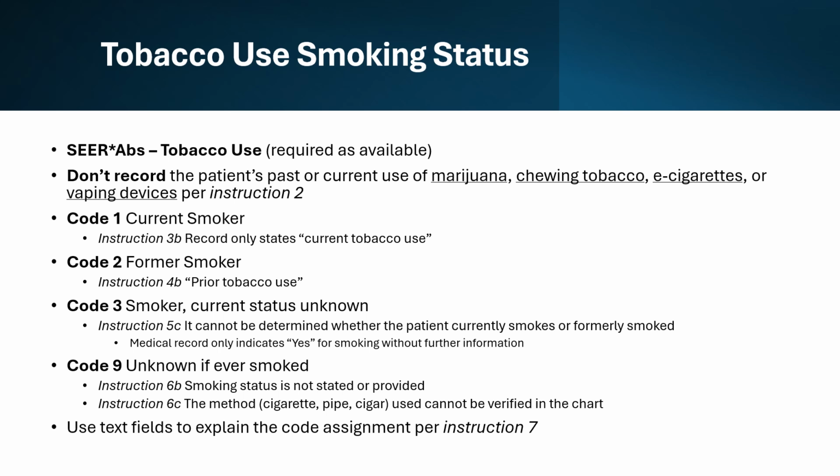Also, be sure that you use text fields to explain the code assignment per Instruction 7. Again, this is required as available. So if you have the information in the medical record, please be sure that you are completing this information in SEER ABS and whatever else your software vendor has available for this.